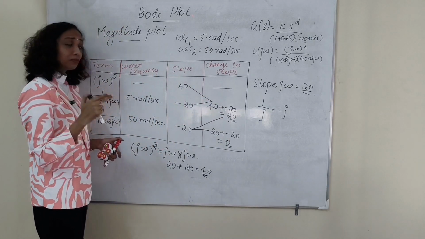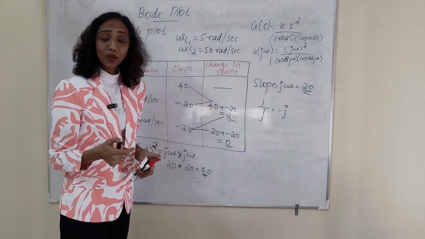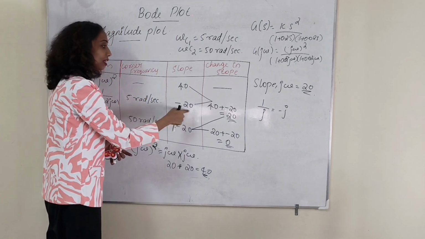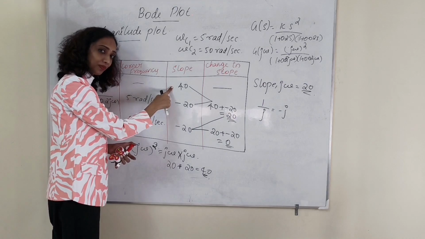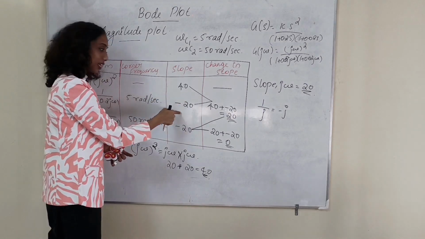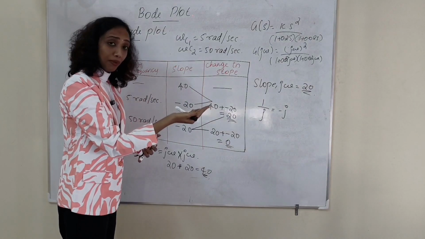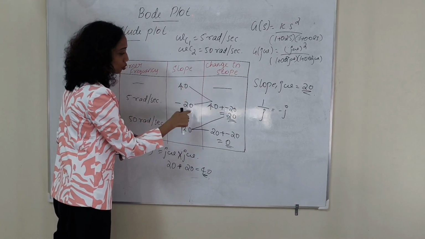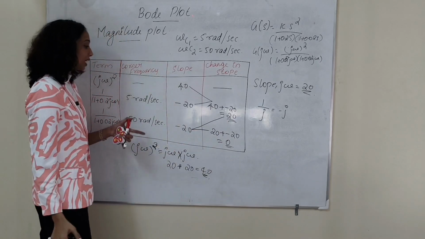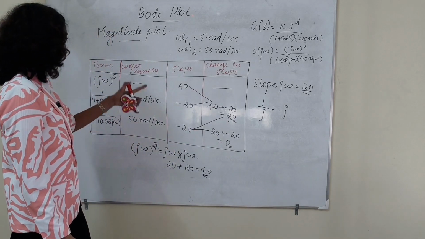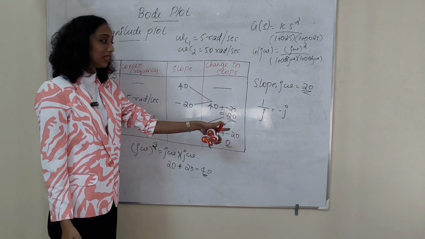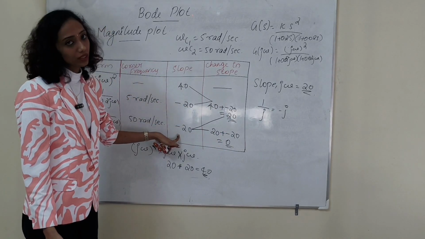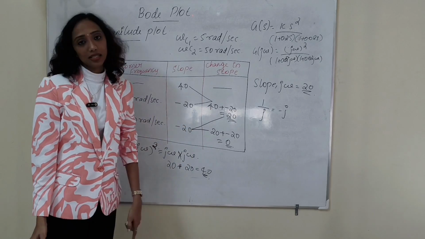Then the second term should have the change in slope, only because the second term has an upper term, the first term, so we can compare these two slope values and we get 20. Then for finding the third change in slope, we compare the slope of the second term with the slope of the third term, and we get it as 0.